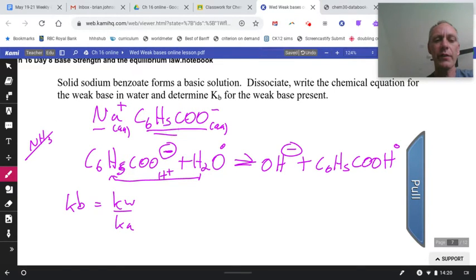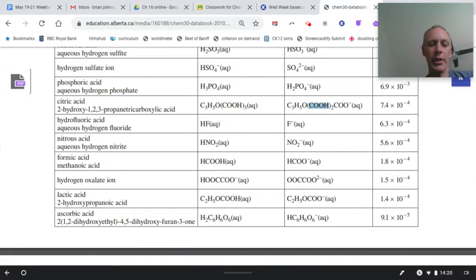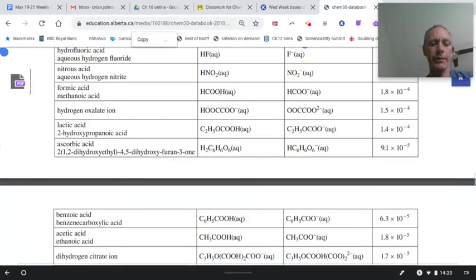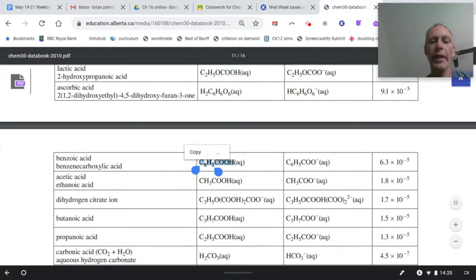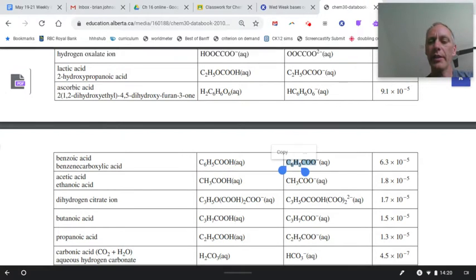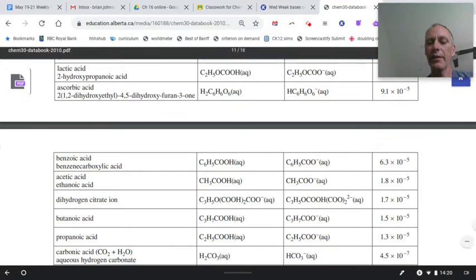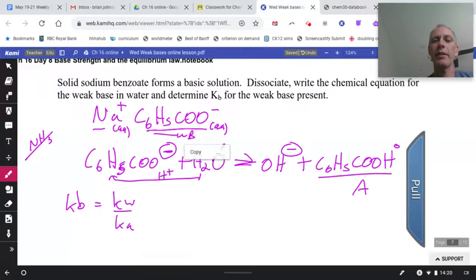So this is the weak base, and this is its acid. We're going to go searching for that one, C6H5COOH. Here it is. So there's the acid, and we're interested in the Kb of the weak base. There's the Ka of the weak acid, 6.3 times 10 to the negative 5.